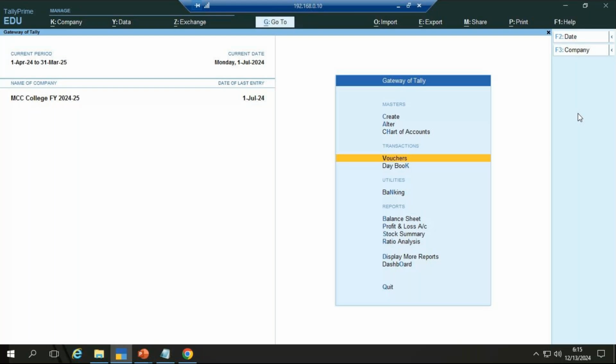So I have a day book here. I'll go to Gateway of Tally, use escape, come to the Gateway of Tally, Day book.